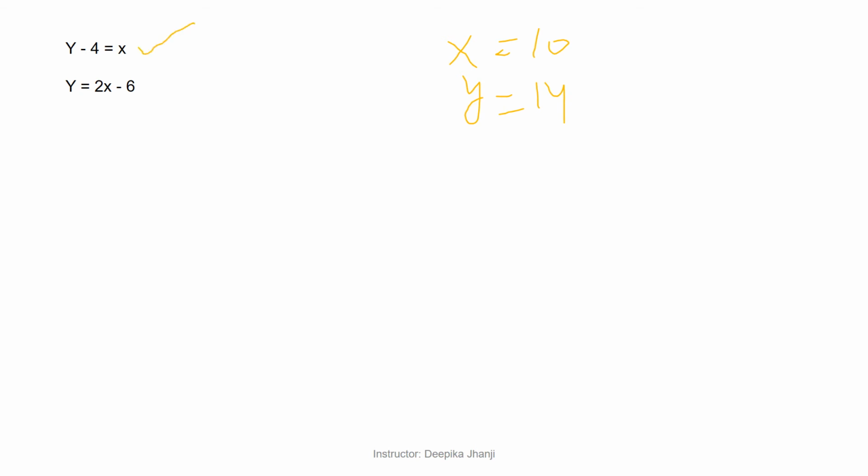Let's pick the first equation. We have y minus 4 equals x, right? Plug in the values of x and y. So y is 14 minus 4 equals 10, and that verifies our result because left hand side is equal to right hand side.